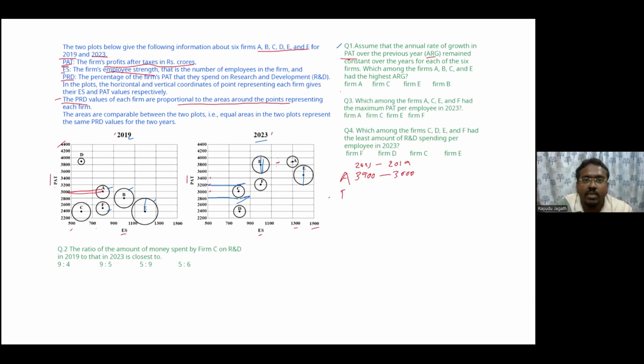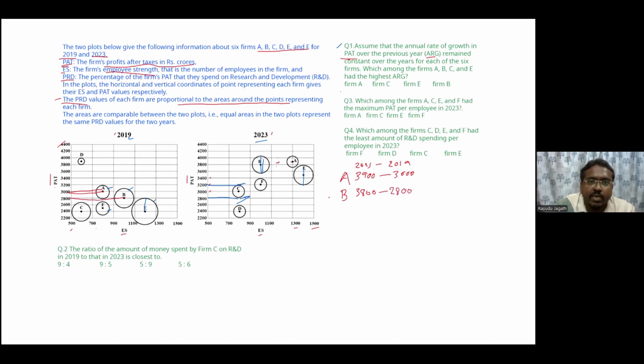Next, B firm. B firm is having in 2023, 3800. So 3800 in 2023. 2019 B firm is having, if we observe, 2800.